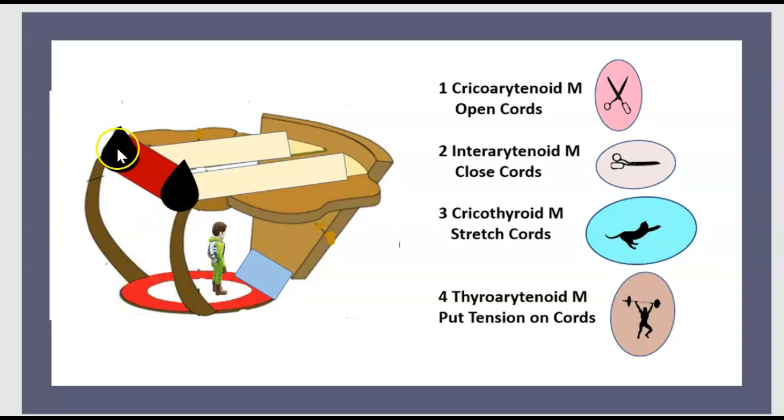Between the arytenoid cartilages, there is a muscle, and the muscle is the interarytenoid muscle. Between cricoid cartilage and thyroid cartilage, there is a muscle, and the muscle is the cricothyroid muscle. Between arytenoid and thyroid cartilage, there is a muscle, and the muscle is the thyroarytenoid muscle.